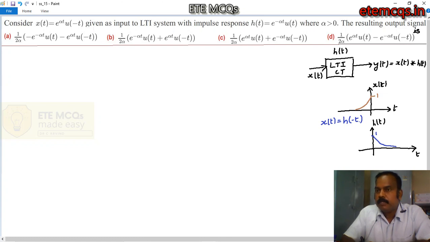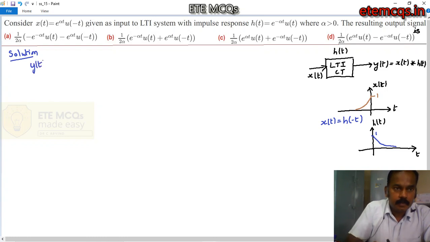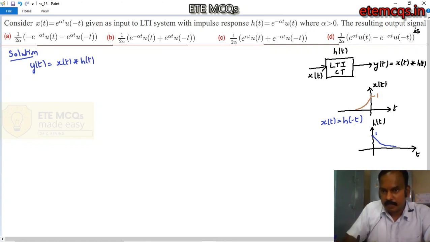Output y of t is nothing but x of t convolved with h of t. So how can we find the output of the LTI CT system? The output is given as y of t equal to x of t convolved with the impulse response h of t. And we already know that x of t is nothing but h of minus t, which is convolved with h of t.